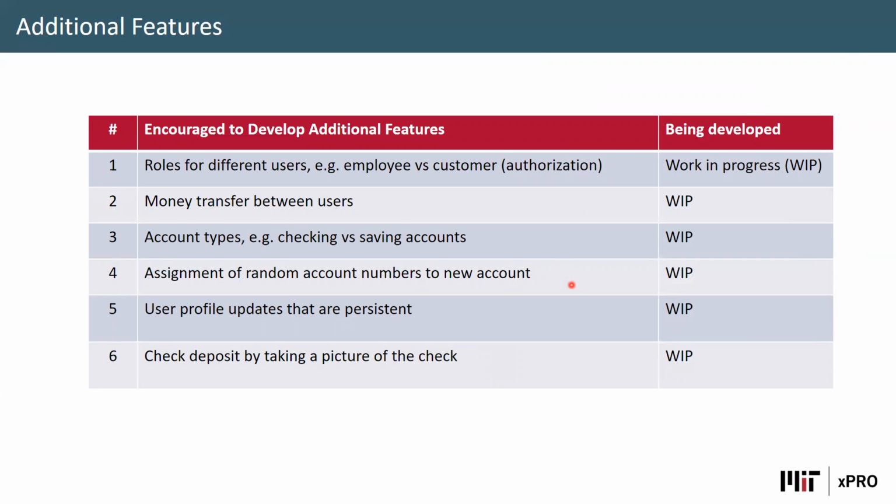The fourth, encouragement on future development, is the assignment of a random account number for new account sign up. Then there are user profile updates that are persistent. And if you're into machine learning and artificial intelligence, nowadays you can use Google TensorFlow and a convolutional neural network to capture the image of a check and automatically read how much you want to deposit. These are what I call WIP, meaning work in progress, given the due date.